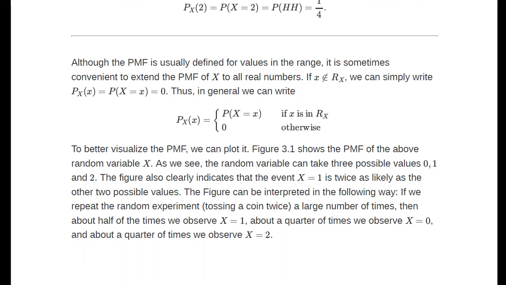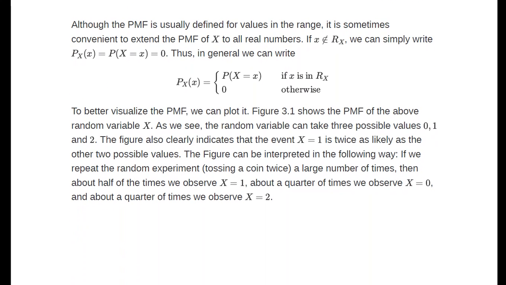To better visualize the PMF, we can plot it. The following figure shows the PMF of the above random variable X. As we see, the random variable can take 3 possible values: 0, 1, and 2. The figure also clearly indicates that the event X equals 1 is twice as likely as the other 2 possible values. The figure can be interpreted in the following way.